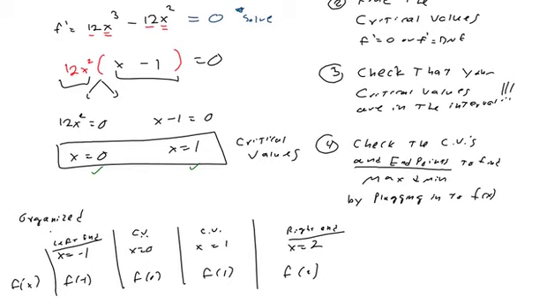Let me erase this here, make a little more room here. It's helpful to have a little organized chart for you so you can see a little clearer what's happening.